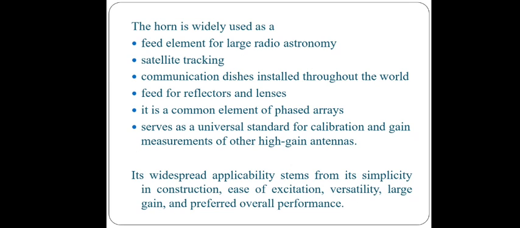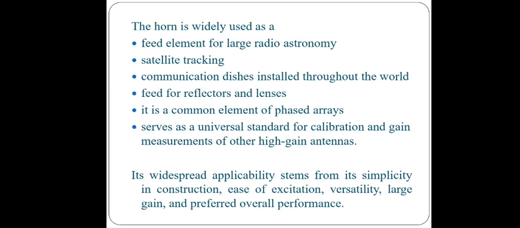Arrays, you already know, radar is there. In phased array radars, we use the horn as a common element. It also serves as a universal standard for the calibration and gain measurement of other high gain antennas. This is also a very good application, the measurement of antennas, where horns are generally used.